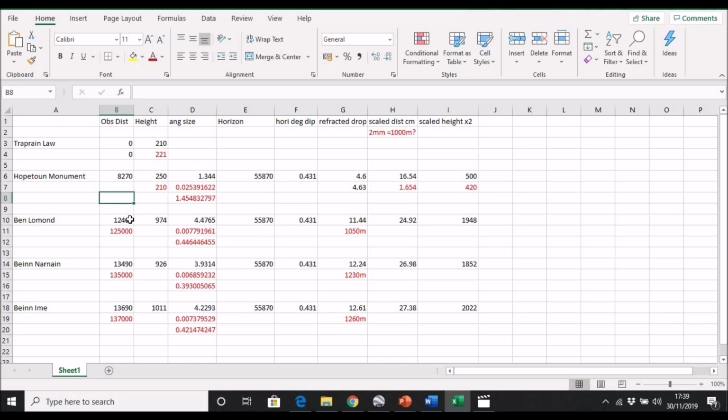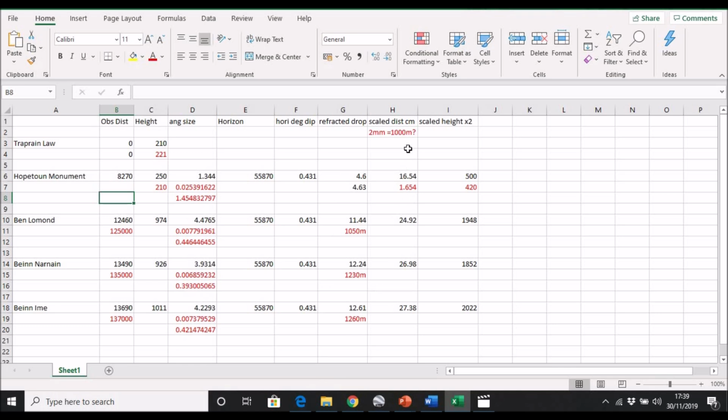But because his distances here are out by a factor of 10, his angular sizes are also out by around a factor of 10. I get slightly different figures, but they're not much different. But they're out by a factor of 10, or Gleem's are out by a factor of 10. Quite an important mistake.